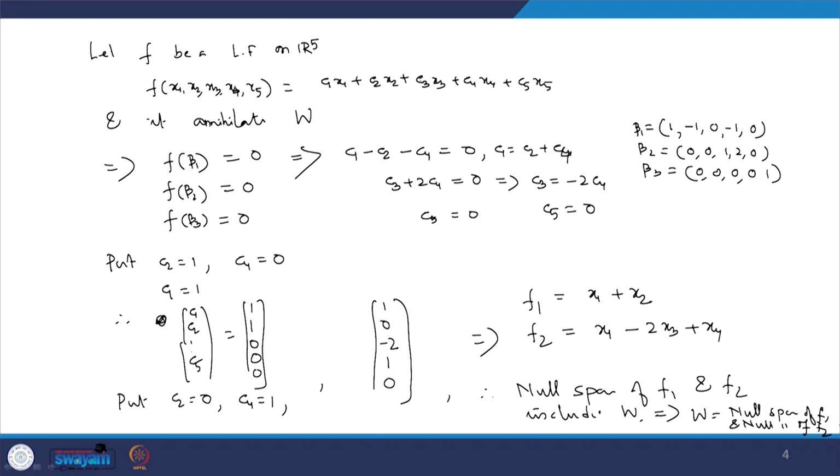When the dimension of W is 3, W is the intersection of two hyperspaces. In a similar way, if a subspace of dimension k is given, there exist exactly n minus k hyperspaces whose intersection is W.